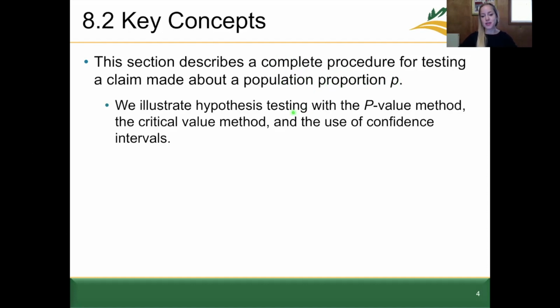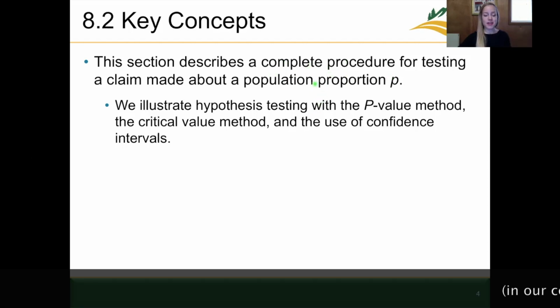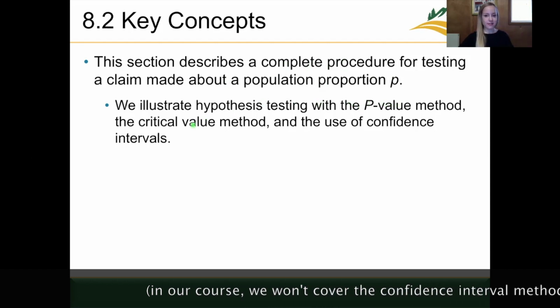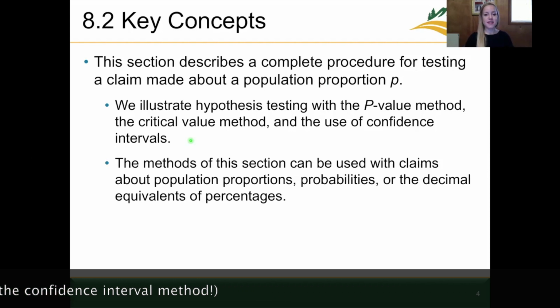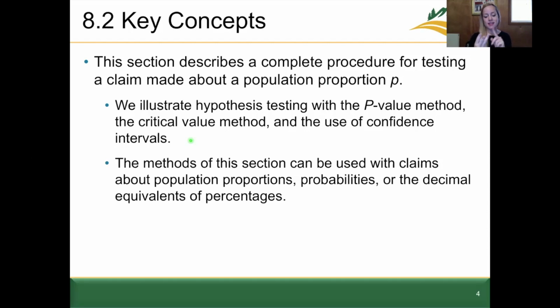So in 8.2, within this category of a population proportion p, we will illustrate hypothesis testing using the p-value method, the critical value method. So within the topic of hypothesis testing, we have the category of proportions, means, and standard deviations / variances. In 8.2, we're only covering that first category, so within proportions.